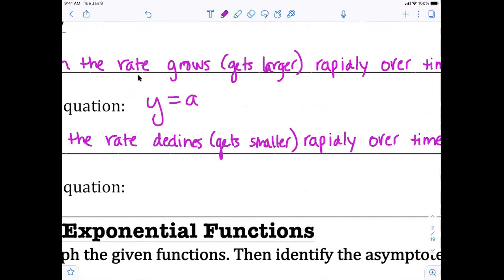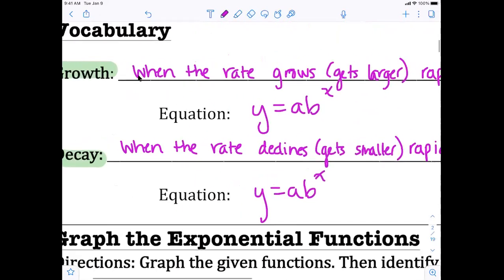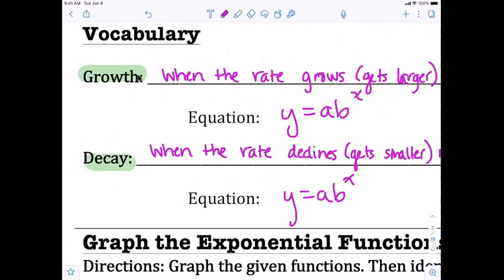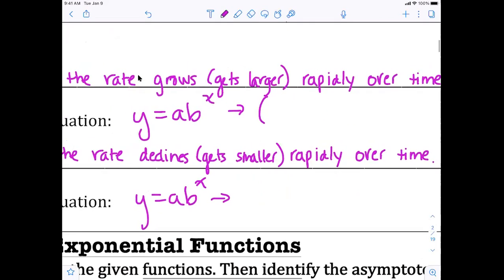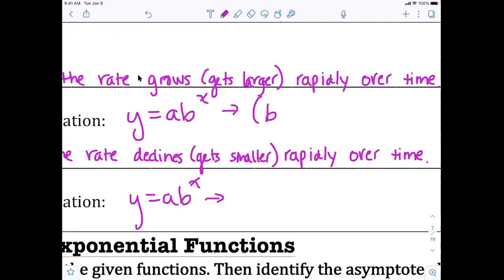Y equals A B raised to the X. Now, the difference is if it's in your growth scenario, B is what we call that rate. So in an exponential growth, B is always something that's larger than 1. So if you're raising the number 2 to a power, 10 to a power, 20 to a power, your graph is going to change pretty drastically compared to if you make B smaller.